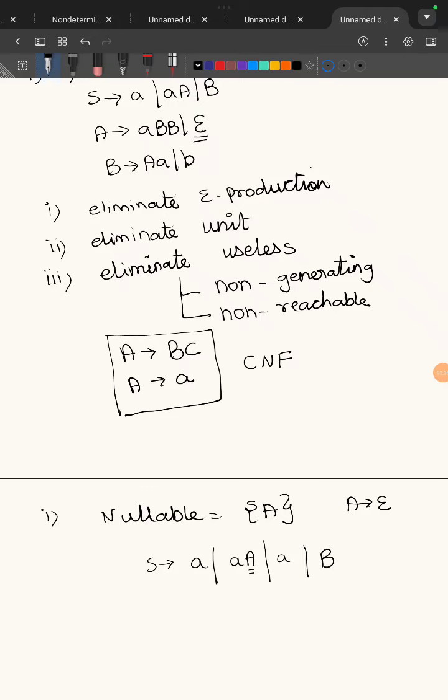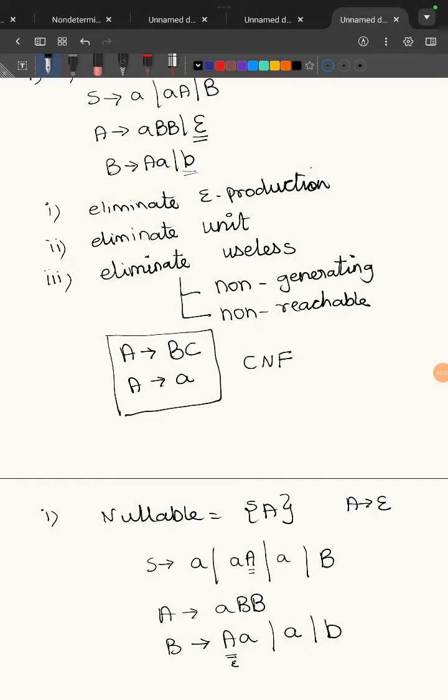It is S deriving B. Similarly, A will be deriving A, B only, because we are removing A derives epsilon. B will be deriving, instead of my A, if I substitute epsilon, the terminal a will remain. Over here we have B, we will write B as it is. So after removing the A derives epsilon production, this is the set of rules we are getting.